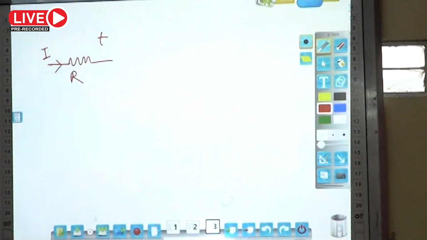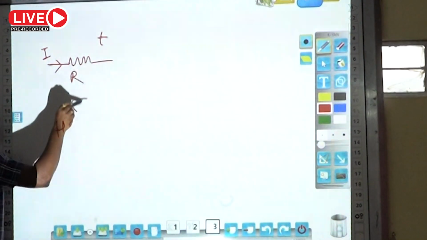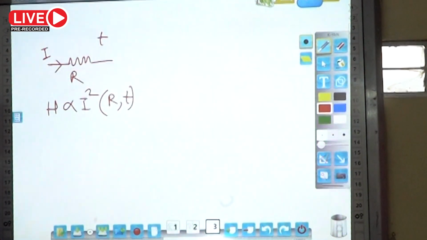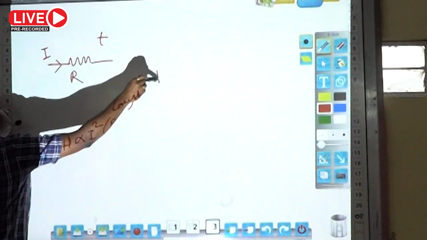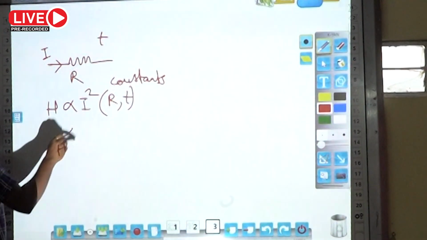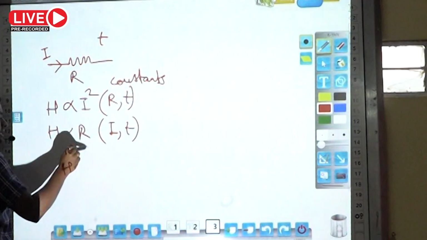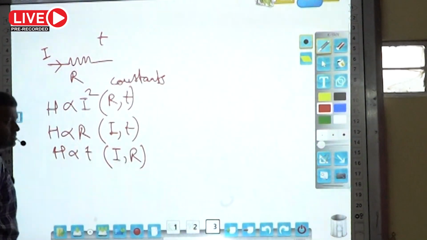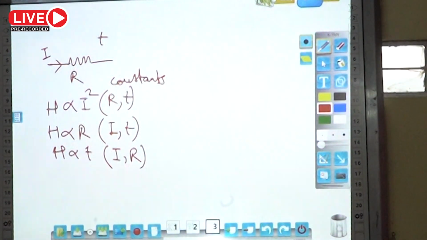Then heat will be developed, and we can write H proportional to I square, provided R and t remain constant. H is proportional to R when I and t remain constant. H is proportional to t when I and R remain constant. This law is called Joule's law. It is experimentally derived by Joule.